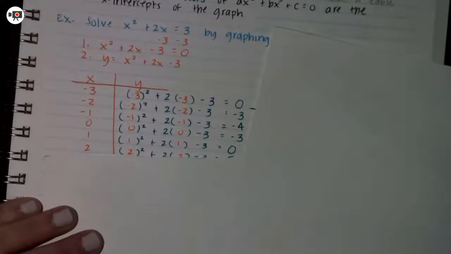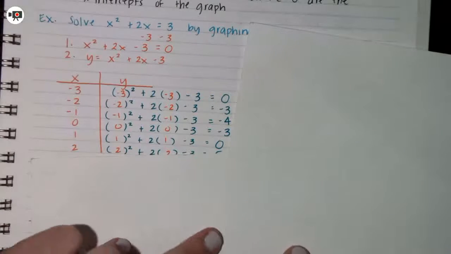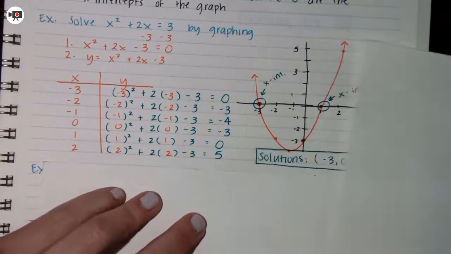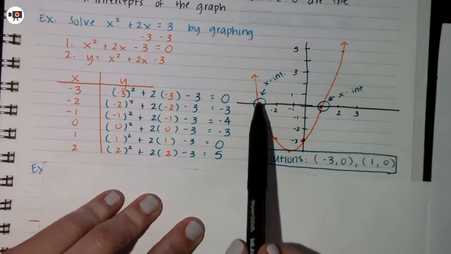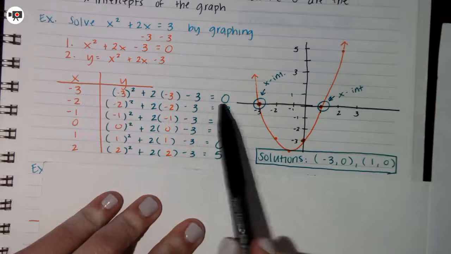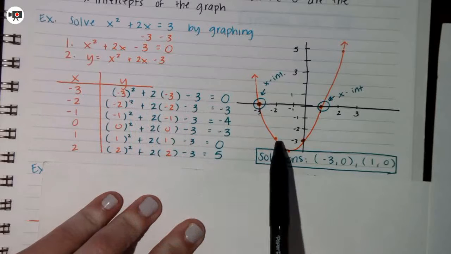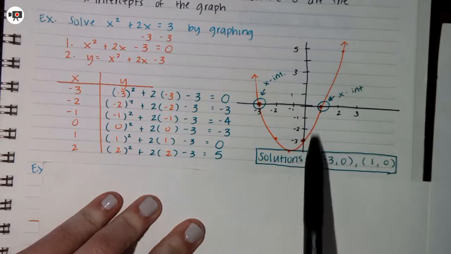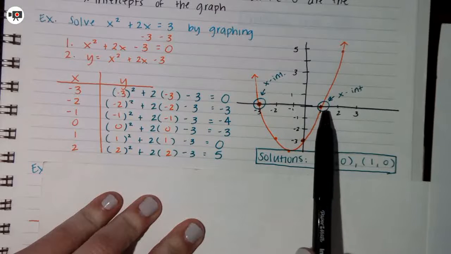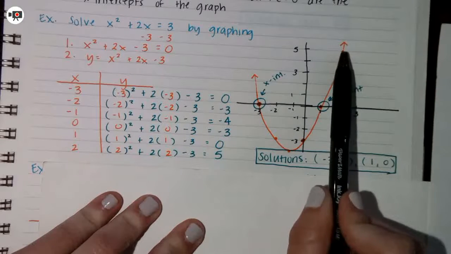So, after you get all your y values that match those x values, we are going to plot them on our coordinate plane. And so, we have (-3, 0), (-2, -3), (-1, -4), (0, -3), (1, 0), and (2, 5).